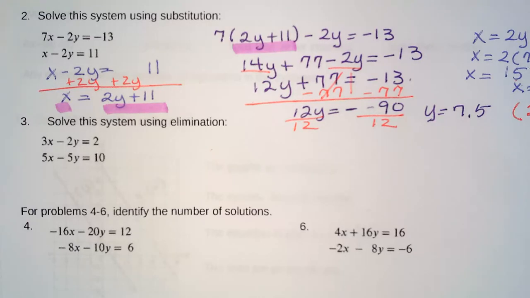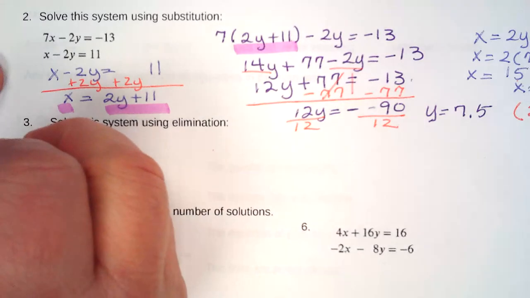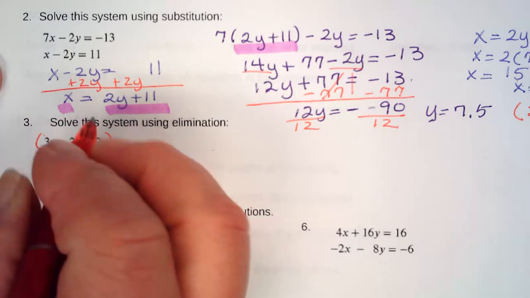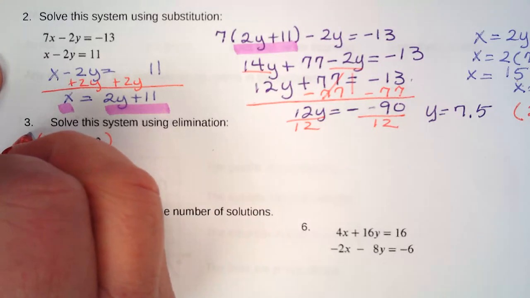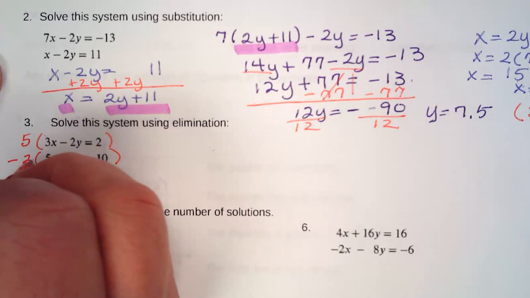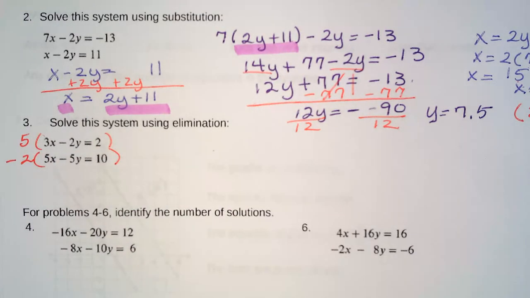No. So, I'm going to use 2 and 5. I'm going to multiply the top one by a positive 5 and the bottom one by a negative 2. Could I have done the negative on top? Yeah. Either way will work.